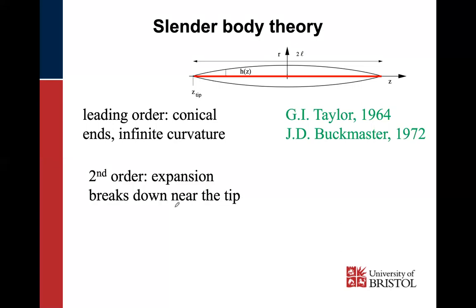And he ended up with essentially an inconclusive answer, in that he was able to calculate the additional terms, but he noted that the expansion he was using broke down near the tip of the bubble, which is not surprising, because the bubble may be slender in a strong flow, but it's certainly not slender near the end, where it has to be rounded.